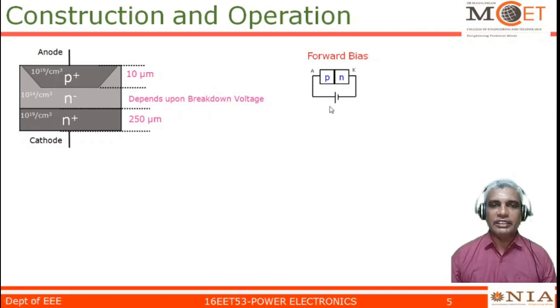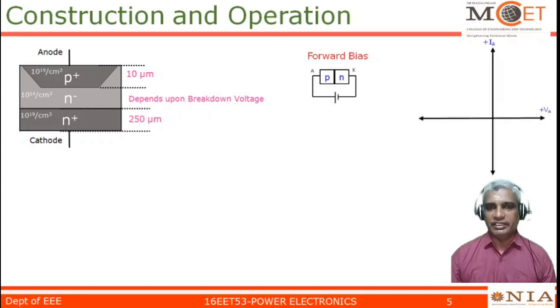This threshold voltage depends on the material used for fabricating the device. If it is a silicon based device, the threshold voltage is approximately 0.7 volt. If it is a germanium based device, the threshold voltage is approximately 0.3 volt. The same forward biased condition can be explained with the help of the VI characteristics.